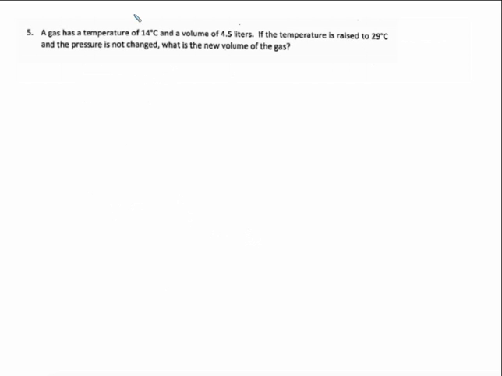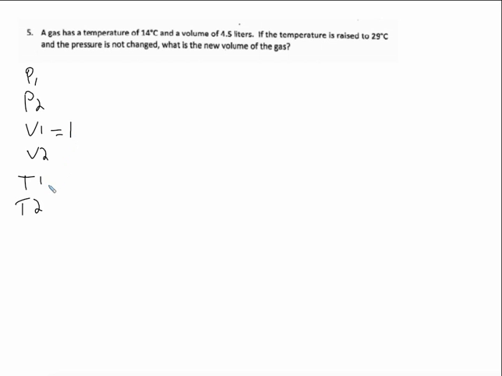All right, let's do one more problem. Okay, so this one, a gas has a temperature of 14 and a volume of 4.5. If the temperature is raised to 29 and the pressure is not changed, what is the new volume? Well, there's nothing about moles in this problem. So right away, I'm just going to make this list, P1, P2, V1, V2, T1, T2.